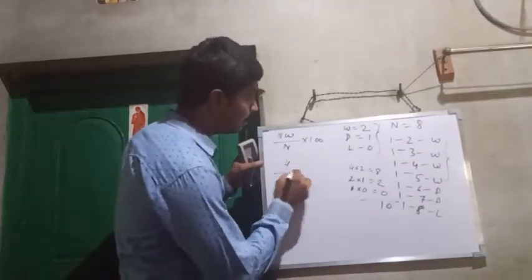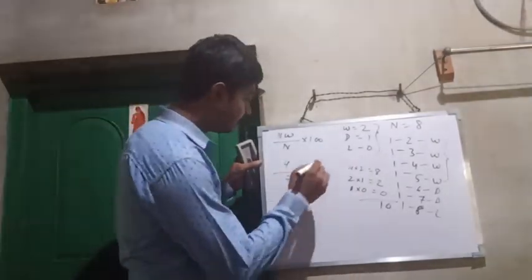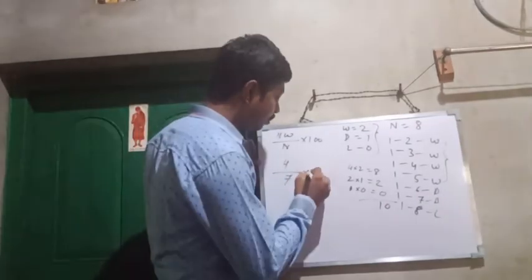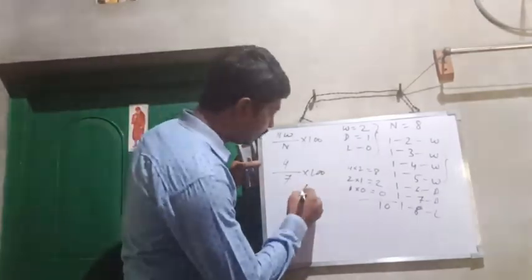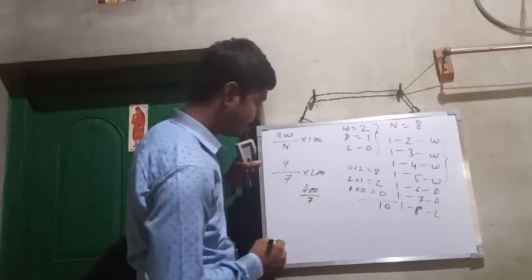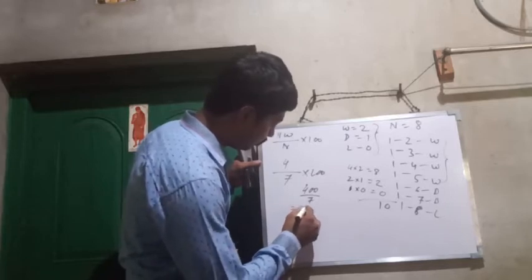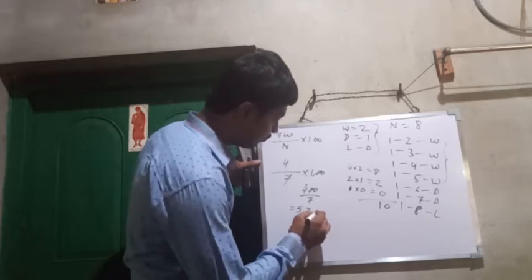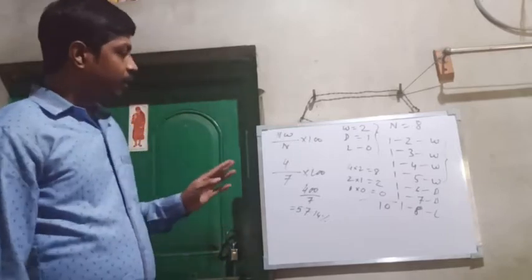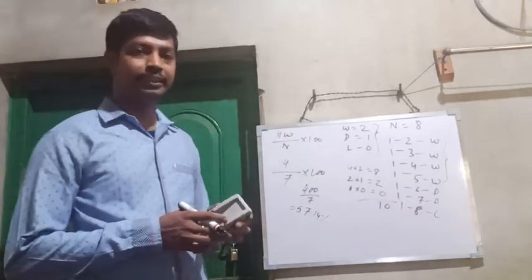So 4 divided by N equal to total matches 7, into 100. 400 divided by 7 equal to 57.14%. This is the American method. In two methods, we can decide the winner in the league system.